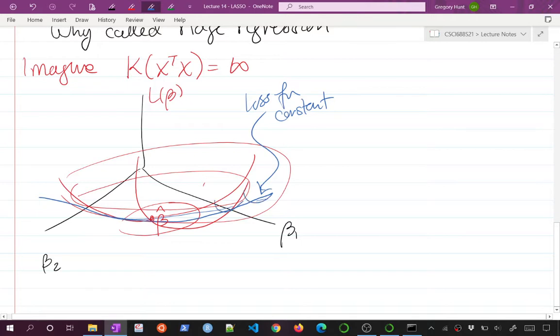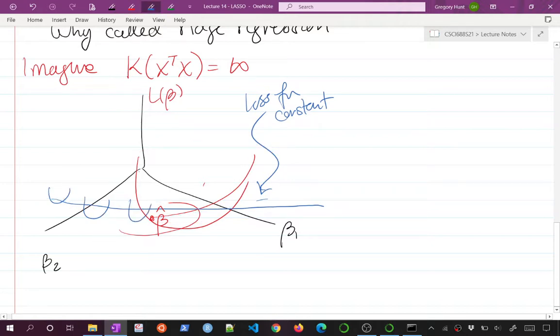If we go to either side of this, we might have a loss function that's curved. But if you move along this ridge, it's a constant value. This is really hard to draw in a 3-dimensional picture, but that is basically the scenario you end up with if X transpose X isn't invertible.